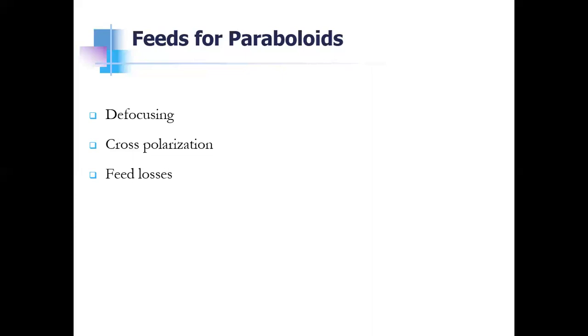Next is feed losses, which occur because of the connections between the feed and the receiver section. There will be waveguides and transmission lines connected from the feed and the support of the feed, so there will be losses because of these transmission lines. Next is antenna feed mismatch.